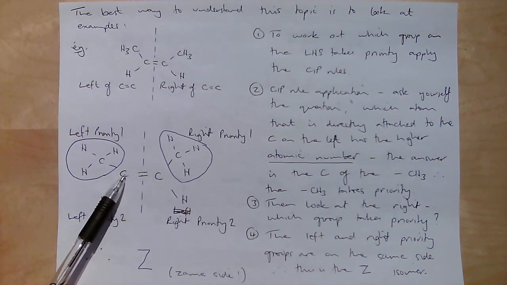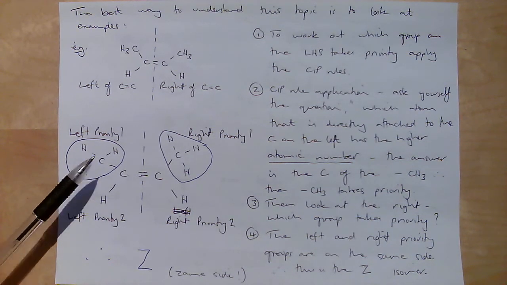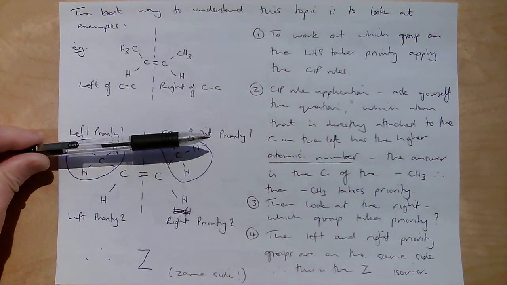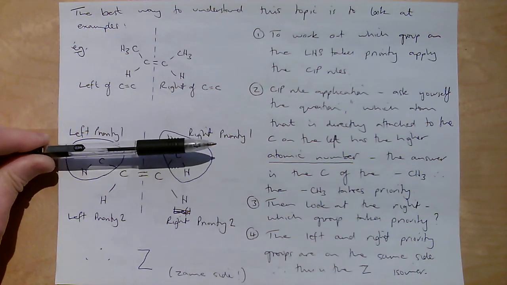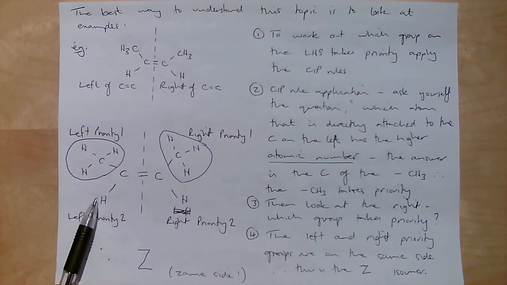Find the carbon-carbon double bond, look to the left, look to the right, and decide which your priority group is. If your priority groups are both on the top, then they're both on the same side, aren't they? So it's Z. Which of these two is my priority group?